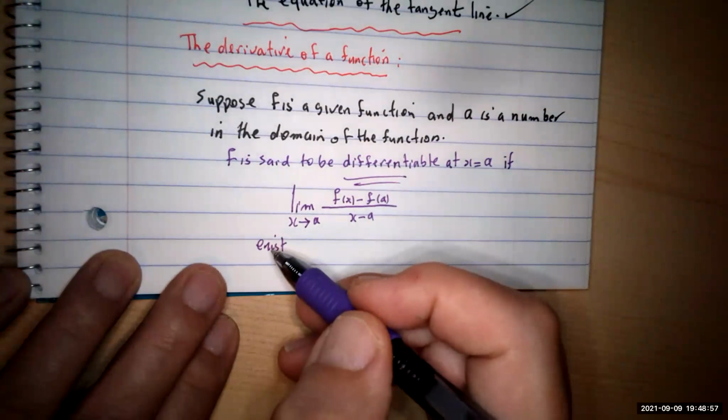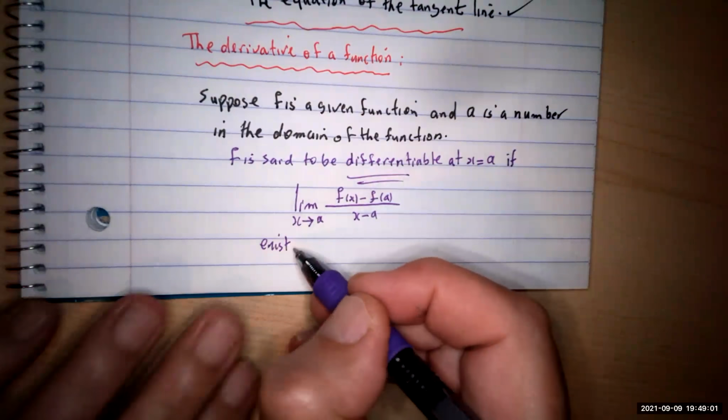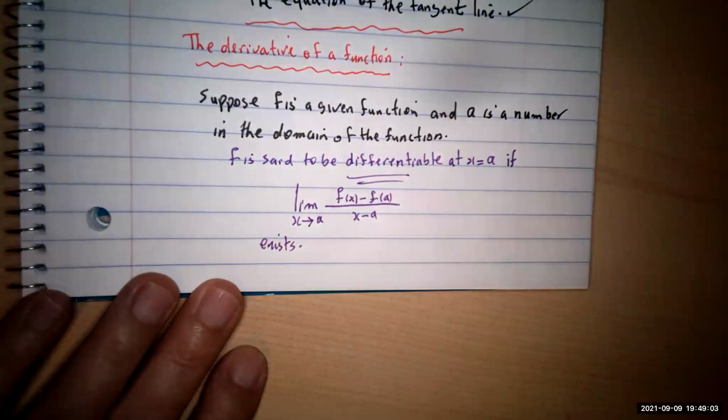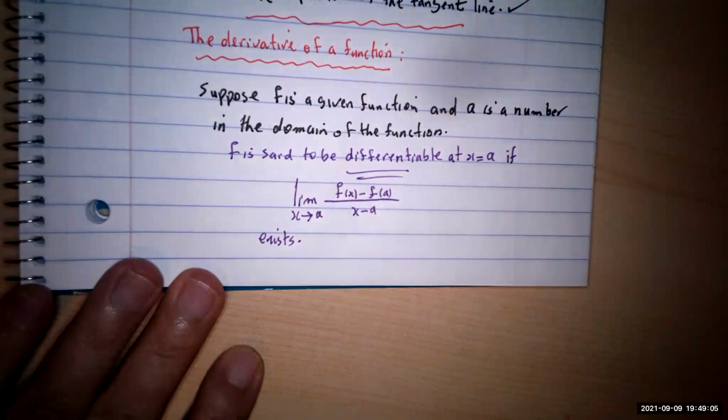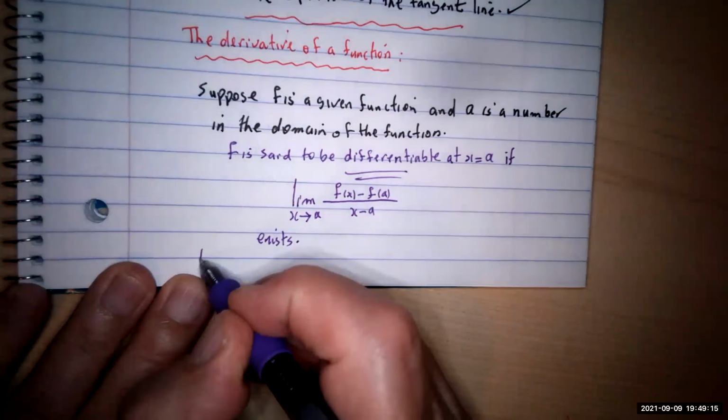If this limit exists, in that case, we say that the function is differentiable. Exists means if you can find it. Now, in this case, this limit is going to be a number. That number is called the derivative of the function.